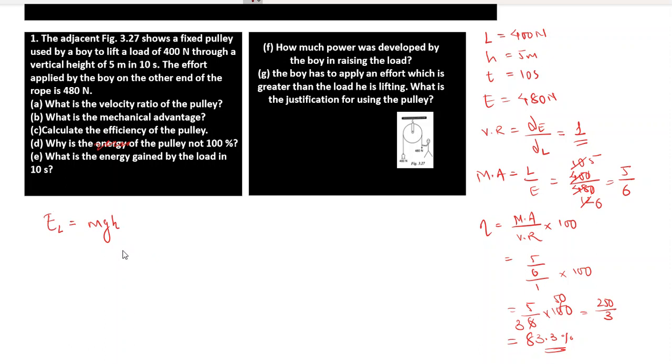They are not talking about power, so I don't understand why they have given the time, because energy is mgh. The load is 400 Newton, so m into g is 400, multiplied by the height by which it is raised, which is 5, so it is 2000 joules. 2000 joules of energy is gained by the load in 10 seconds.